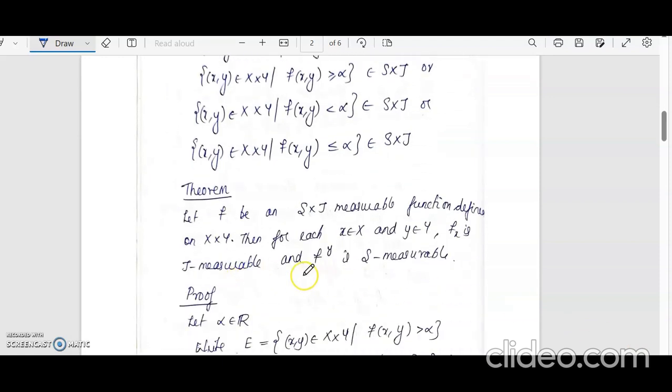So this is similar to what we have done in the case of sets.